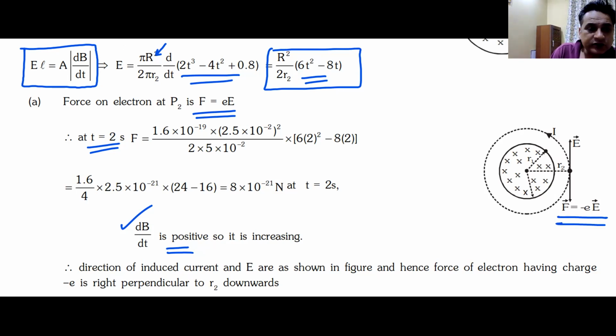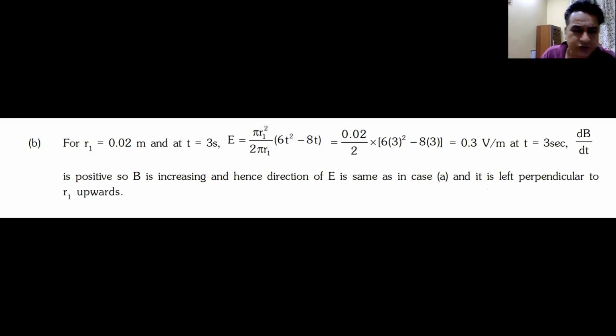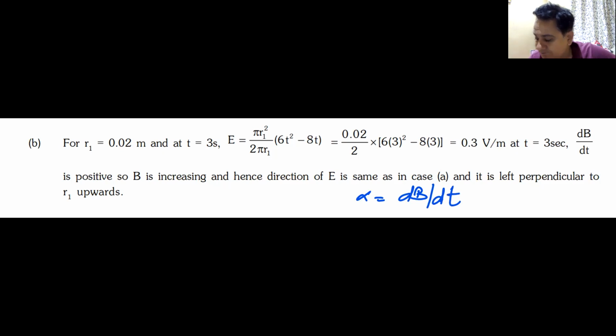The first part of the question was this. The second part was still simpler. You just have to find the electric field at any point inside. You just put the formula for any point inside, R into alpha by 2, where alpha was the rate of change of magnetic field. Instead of writing it as alpha, it is better that you write it as dB by dt, so you will not make a mistake in the next case.